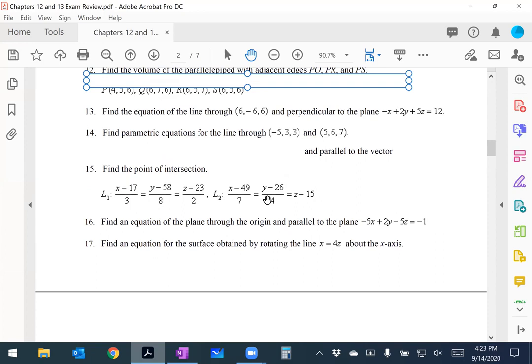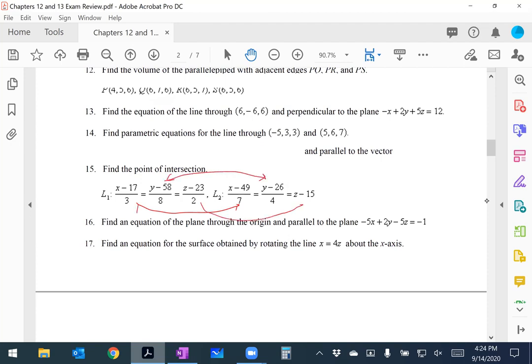That's just an algebra problem, really. So set this equal to this equal to this, and then set this equal to that, and you solve. Do you need me to do the algebra? No, that's okay.